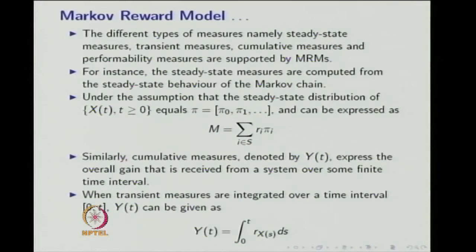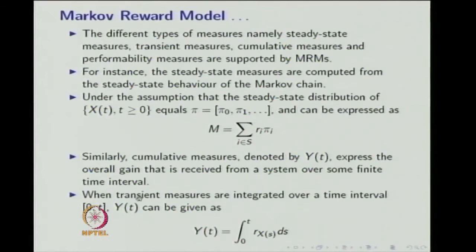So, for the availability model, if you know the steady state probability of being in each state of the system, then by assigning the reward 1 to the up states and 0 to the down states, one can get the steady state availability of the system. Similarly, reversing the rewards, you can get the steady state unavailability of the system also.